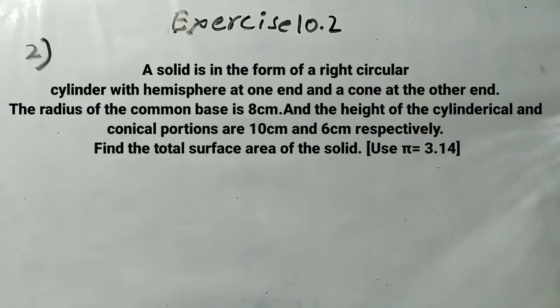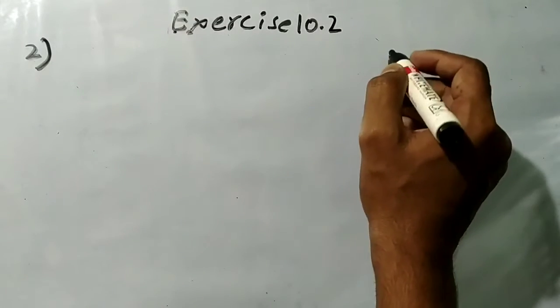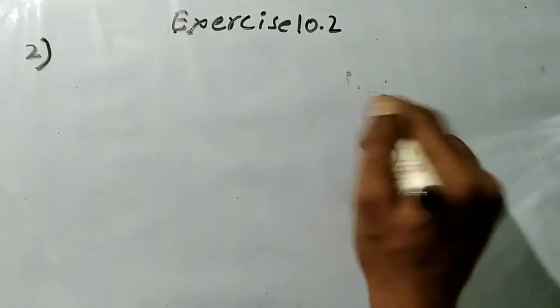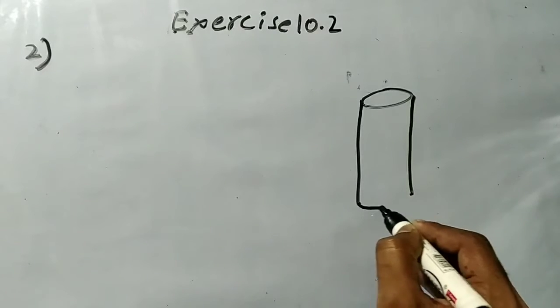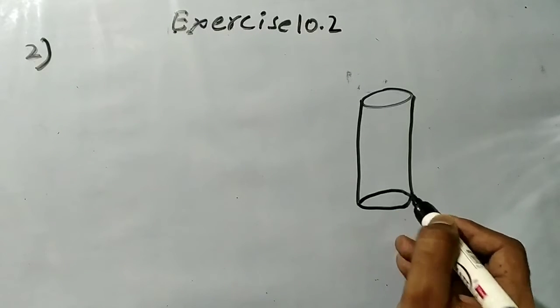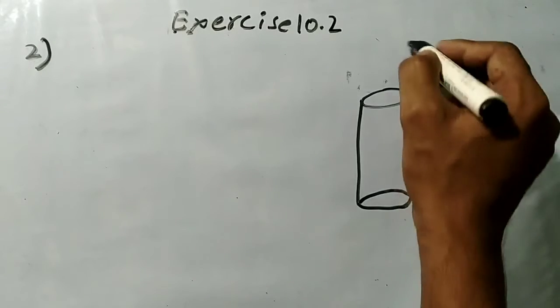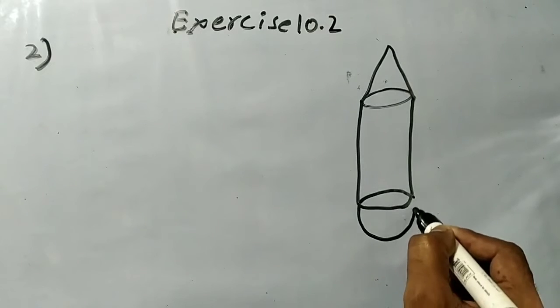So here this is the cylinder, with a hemisphere and a cone, one end having the cone and the other end having the hemisphere.